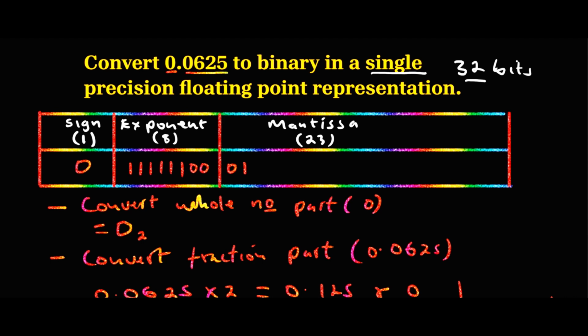But now this column requires 23 bits. So you're going to top this up with the rest of the bits being zeros.